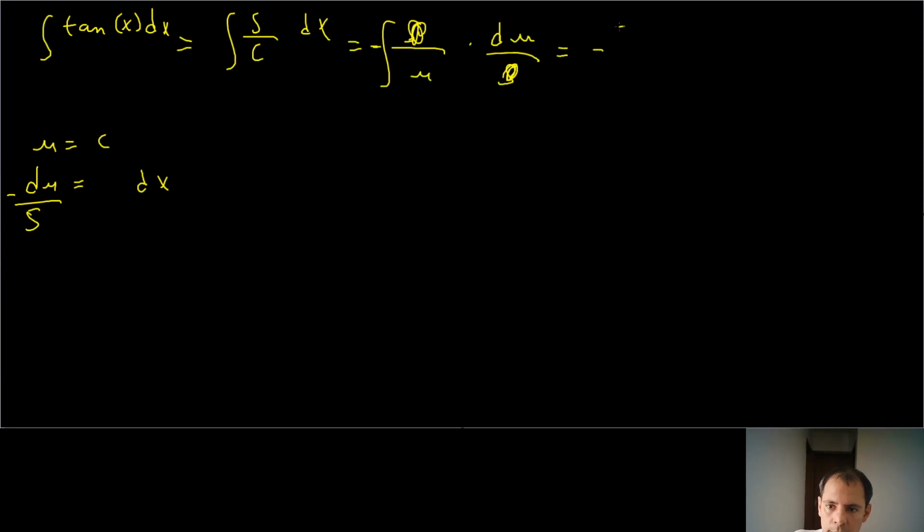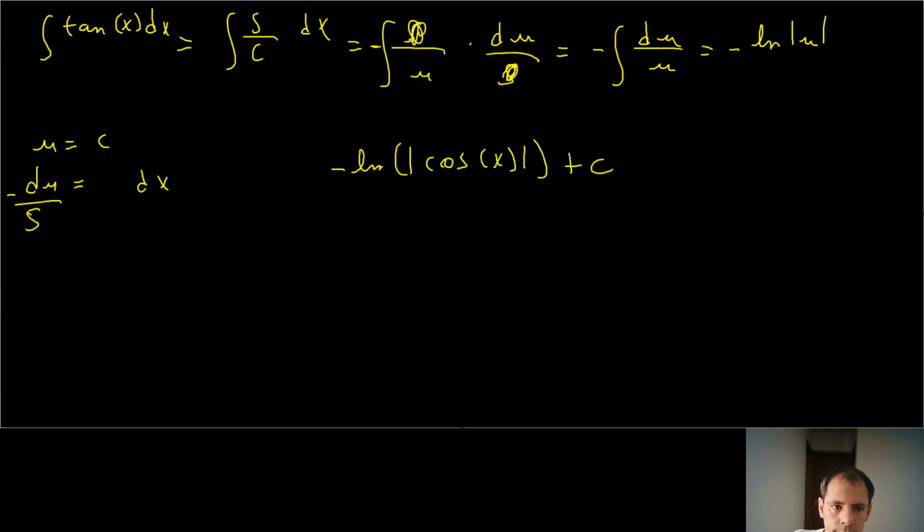This is minus the integral of du over u, which equals minus ln of u, okay? And what is u? u is the cosine, so minus ln of the cosine of x plus c.